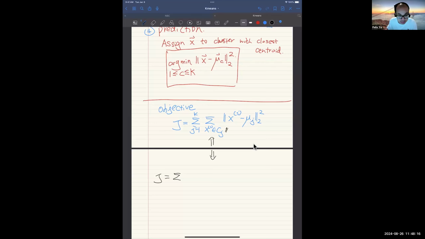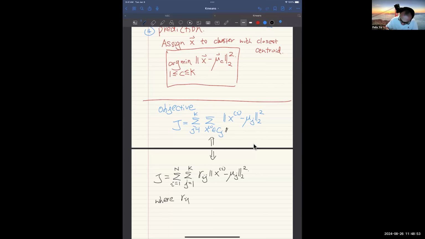So we use indicator variables: summation i from 1 to n, summation j from 1 to K, r_ij times x_i minus mu_j, squared 2-norm.